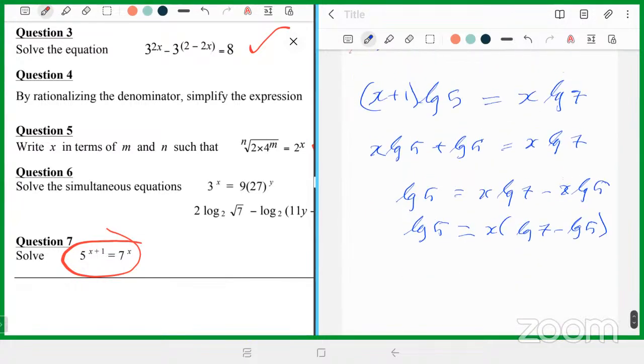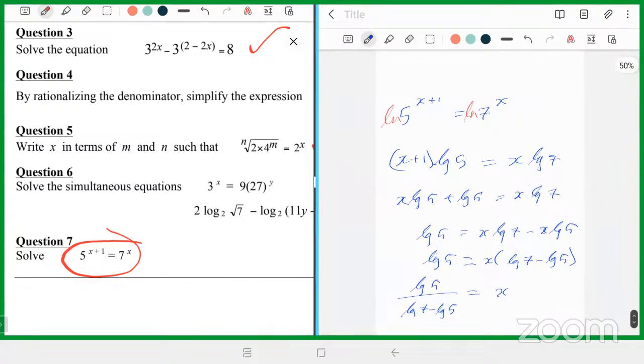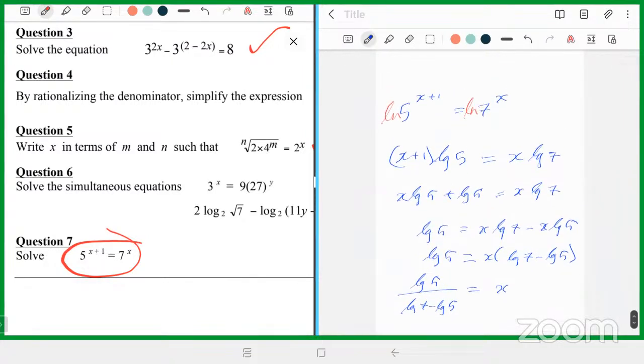We take all of this and divide it on the other side, leaving x as the subject. x equals log of 5 over the log of 7 minus the log of 5. That is it. Nice and easy. You can work this out with the calculator if you want. But that is it. 4.78.